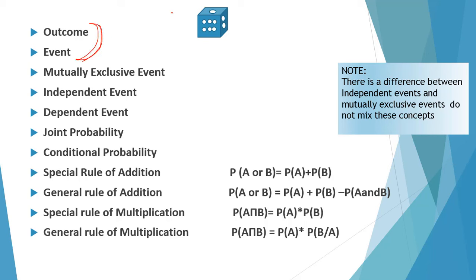For example, in a die tossing experiment, we have 6 possible outcomes. And there are many events, for example, getting an even number, getting an odd number, having a number greater than 2. So an event is a collection of outcomes. We group outcomes to form an event.